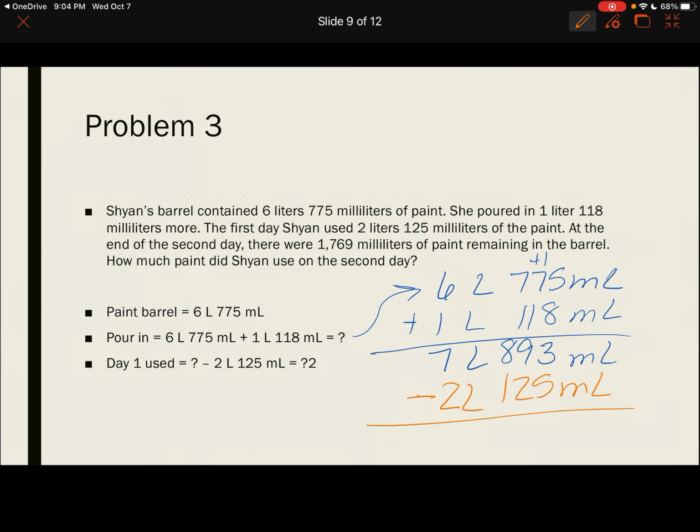Okay? So we can go ahead and subtract this. Let's see, we can't do 3 minus 5, so we have to regroup. That's 8. 8 minus 2 is 6. Minus 1 is 7. And 7 minus 2 is 5. So after day 1, we have 5 liters, 768 milliliters left.